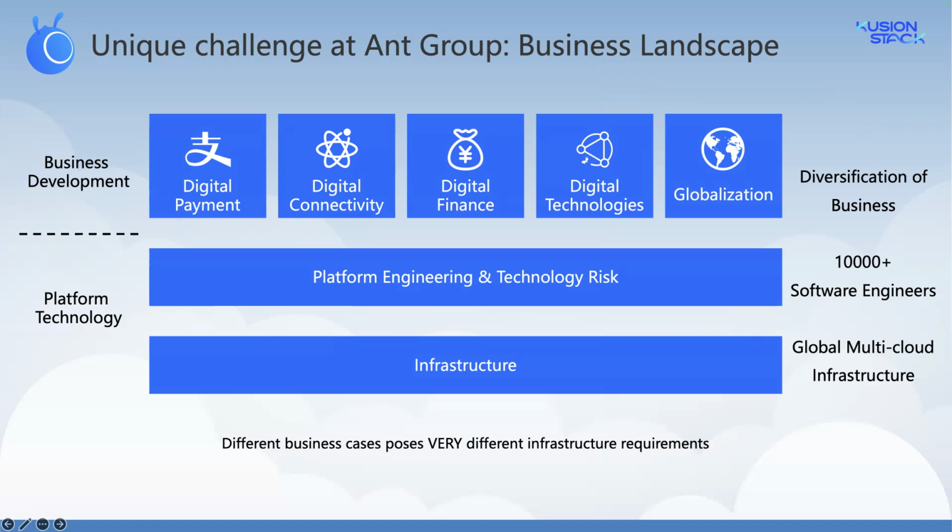So this diversity poses very unique challenges on the technical staff here at Ant Group. More importantly to us as the platform team, this poses very different infrastructure requirements as needed by different business cases. We actually have a talk releasing tomorrow covering this story from the strategy point of view. But here today, we're going to deep dive from the technical side in the aspect of application delivery and operations, showing some tools that we're using.